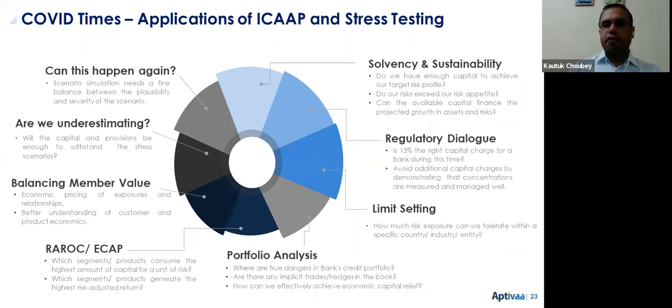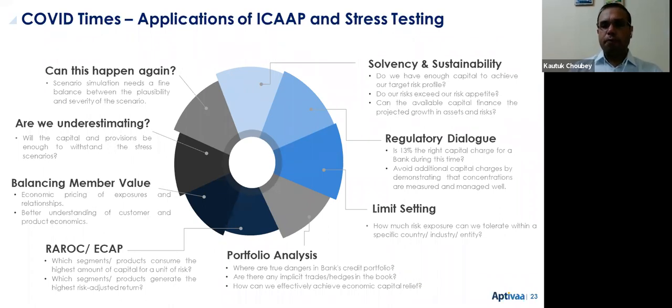A bank may have a 5-year plan that certain portfolios need to expand, and other portfolios where it can tolerate a certain amount of risk, but given the stress condition, it needs to check again whether there is a sufficient cushion available. Do our risks exceed our risk appetite? Banks have to be mindful of the thresholds for different risks, and particularly a few risks which require even finer monitoring, so that there is no threshold breach in particular parameters.